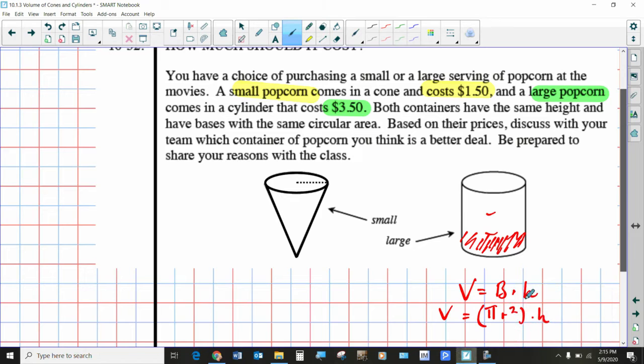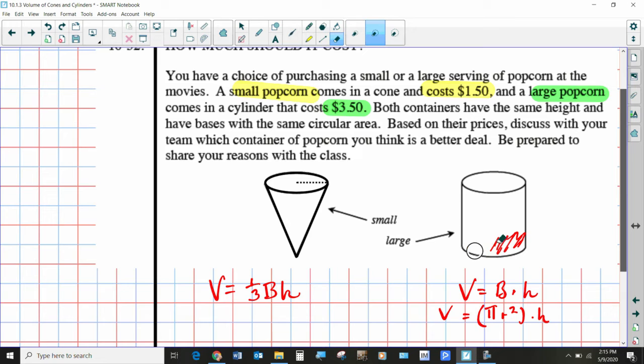And since our formula for finding the volume of a cylinder is base area times the height, and we know that this cone fills up 1/3 of the cylinder, 1/3 of this volume is equal to this cone. So our formula for finding the volume of a cone is 1/3 times base area times the height. It's as simple as that.